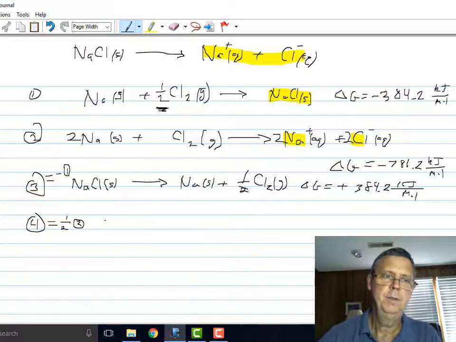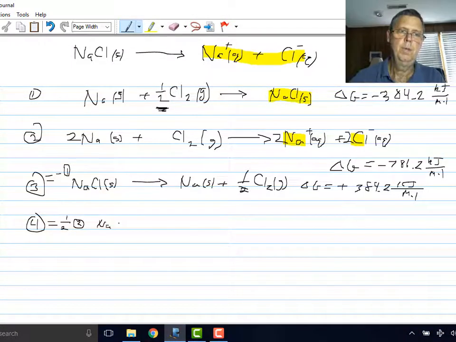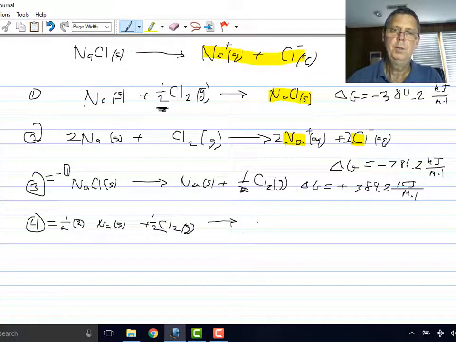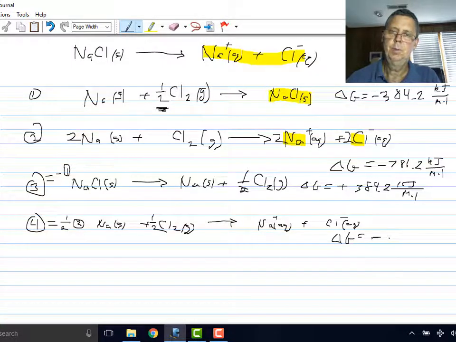So we're going to have sodium solid plus chlorine gas, and I need to make this 1/2 like we had to begin with, goes to form sodium chloride, and delta G here is going to be negative 393.2.